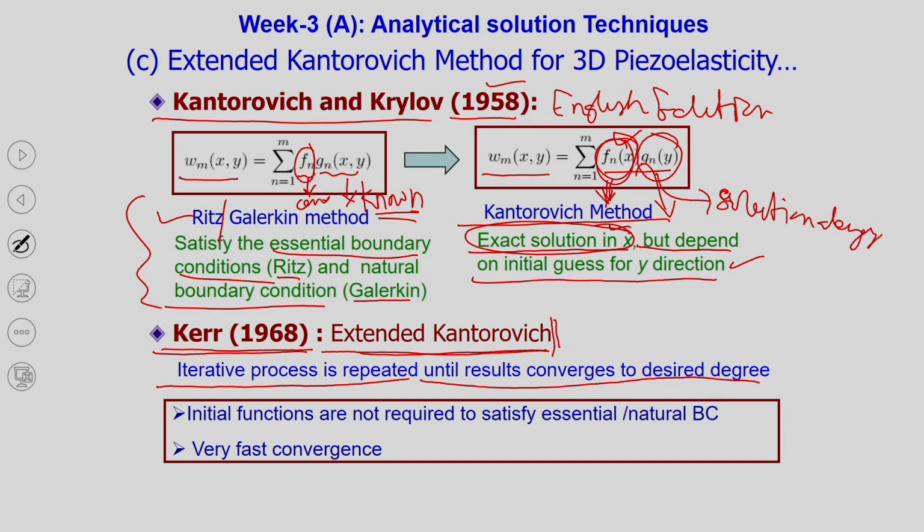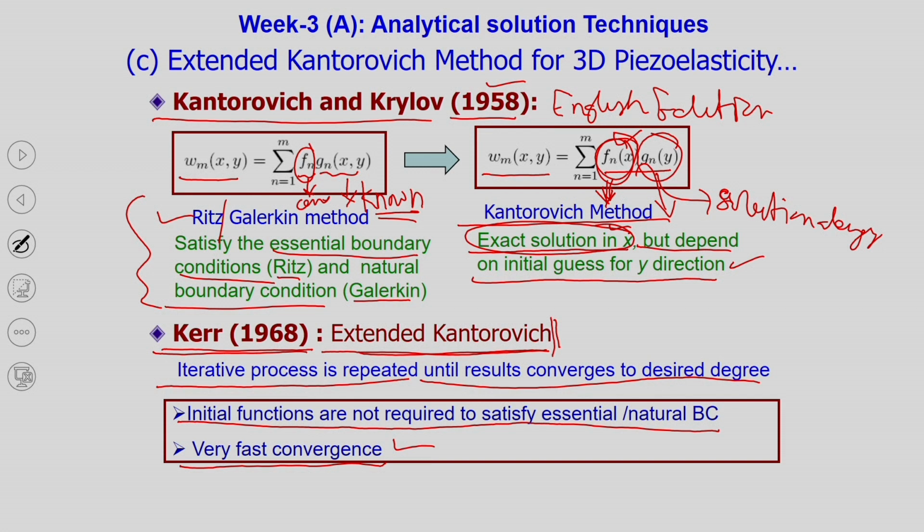I would like to say two basic things: the initial functions need not satisfy any boundary conditions. Even in Kerr's original papers in 1968, he proved with examples that if you take just a constant or any function, it will satisfy the boundary conditions exactly in just 2-3 iterations, and solutions are more accurate with very fast convergence.